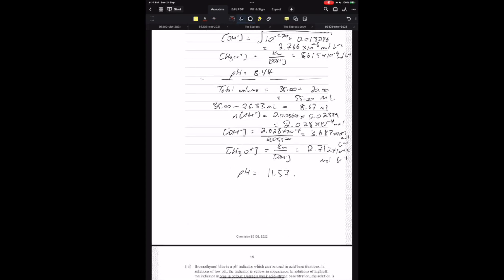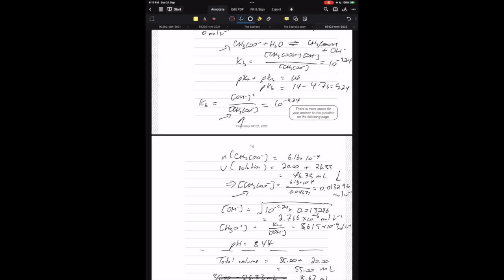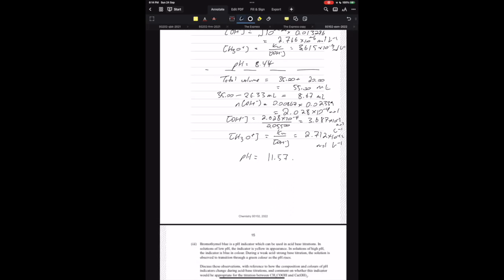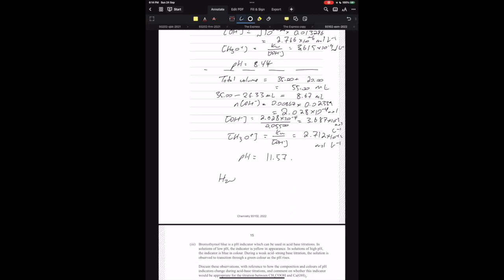There is another assumption that we did make throughout this calculation, and it's the fact that because water can dissociate to form hydronium ions and hydroxide ions, these ions can contribute to the pHs that we calculated before.